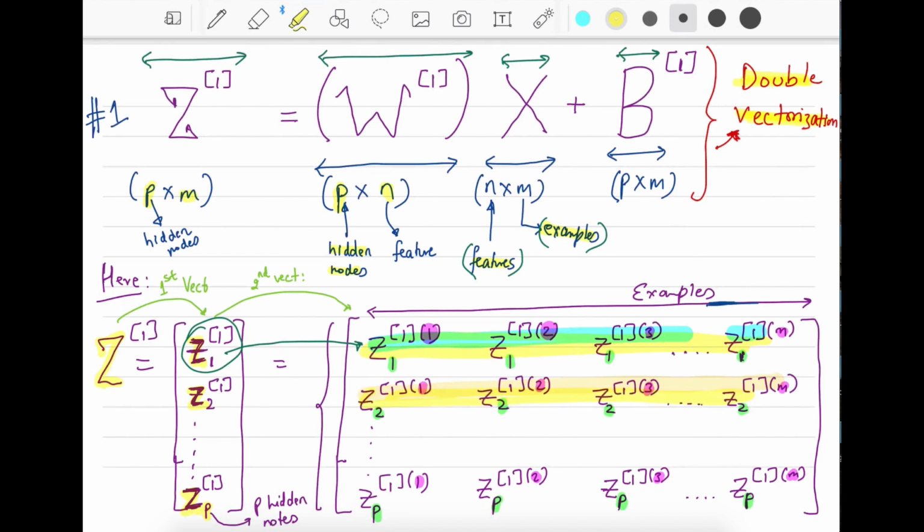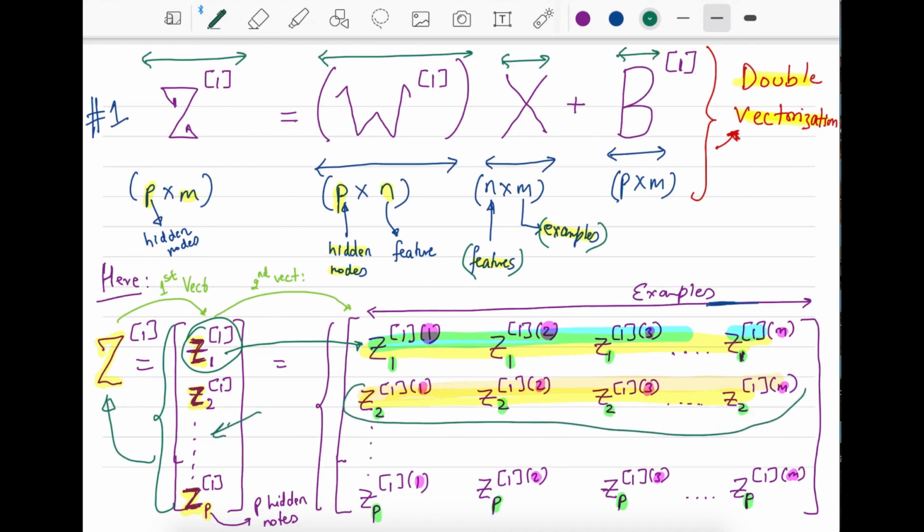So you can see now how vectorization is coming here in two steps. The first step is you are writing this particular vector as this, and within this vector, each of these individual elements is represented as this. So one vectorization is happening at this step, and the second vectorization is happening at this step.